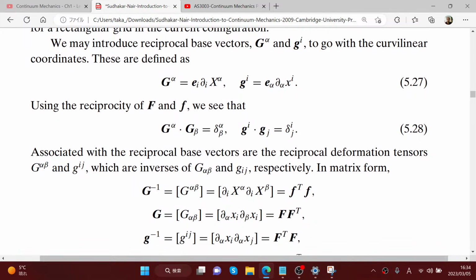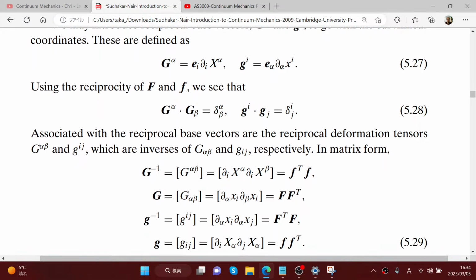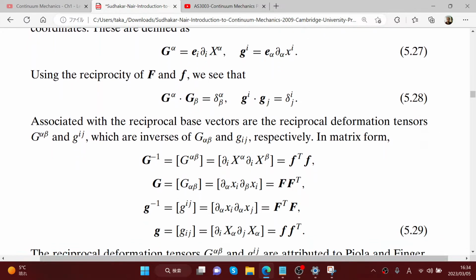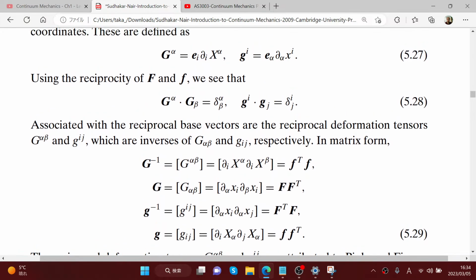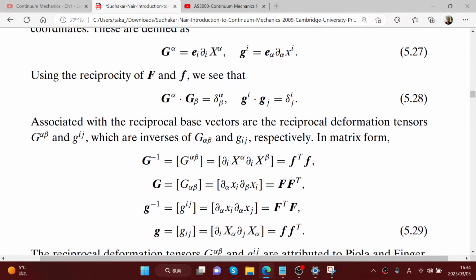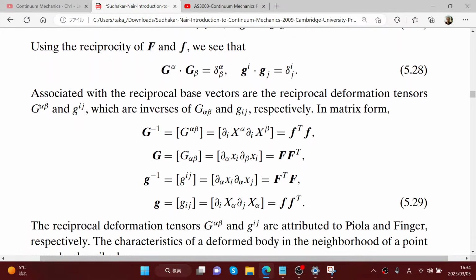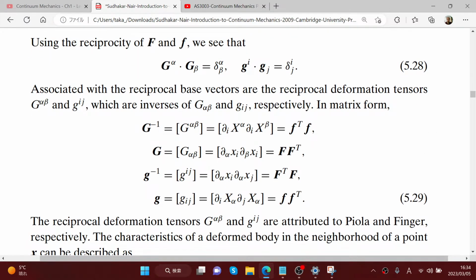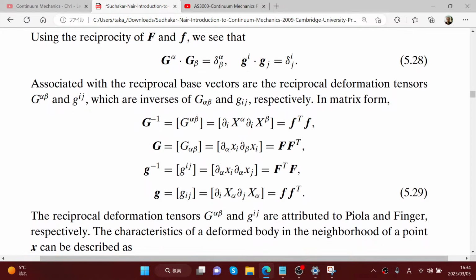These are defined like this. Using reciprocity of F and f, we see that G alpha G beta is delta alpha beta, G I G J is delta Ij.